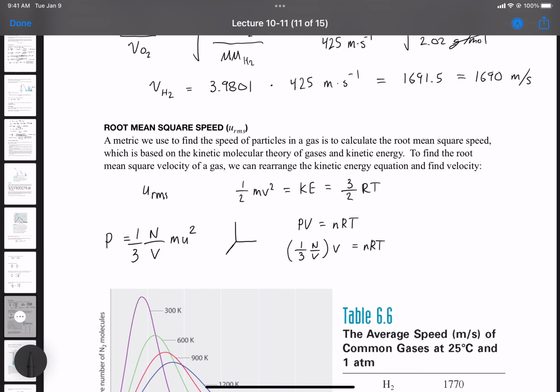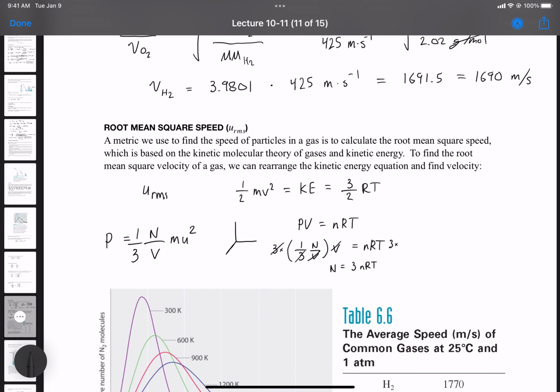Okay, so the volumes will cancel out. And now if we multiply both sides by 3, the fraction will cancel out here. So we get N mu squared equals 3nRT.